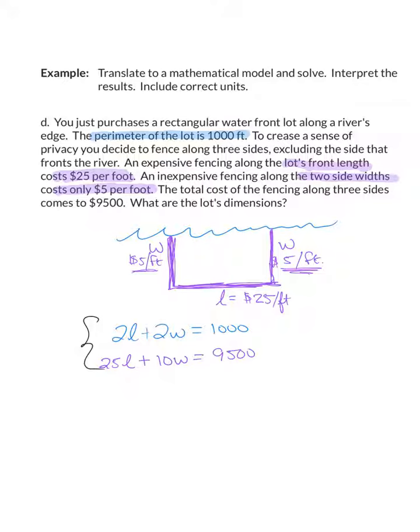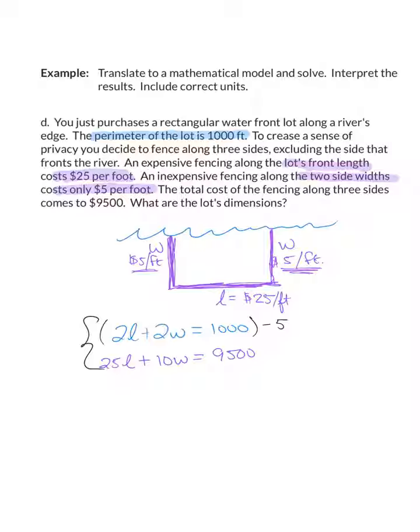So for this one, this is also a good example of something that would be best solved using elimination method. So I'm going to go ahead and eliminate my W's. Those are a little bit easier to work with. So I want to multiply my top equation by -5 in order to get to 10.